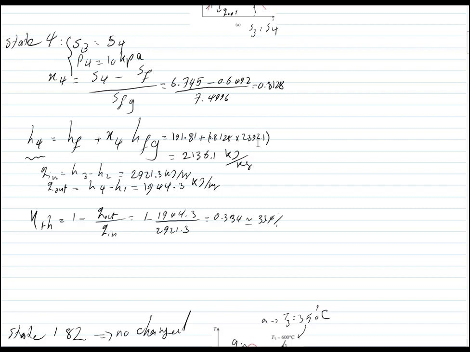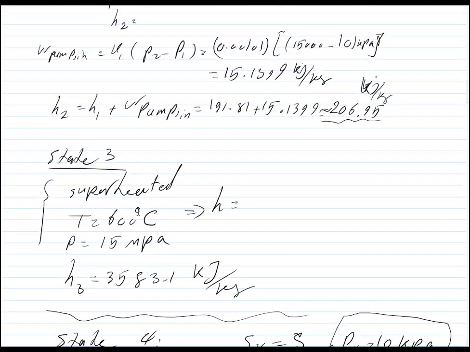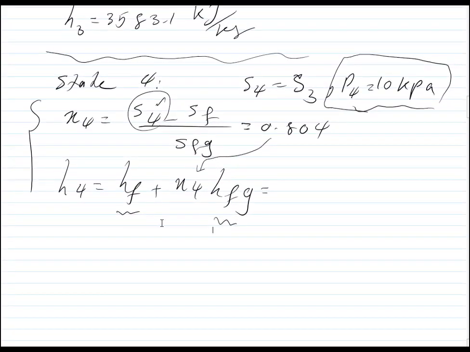So by substituting their values in this equation, we can calculate H4, which is equal to 2115.3 kilojoule per kilogram. So we have also the enthalpy for state 4.